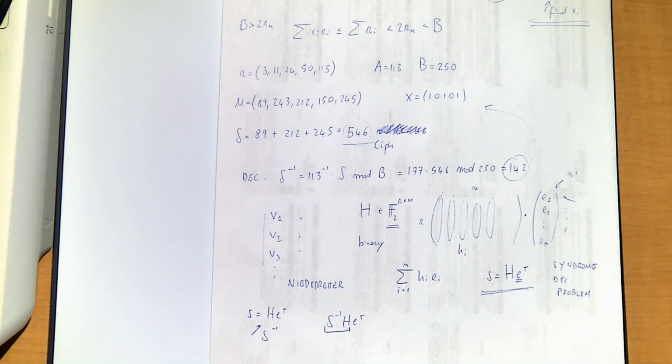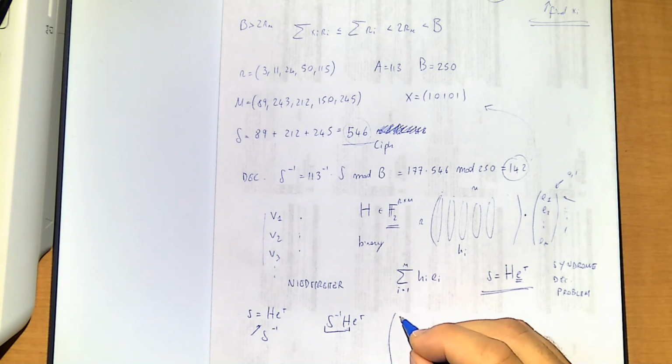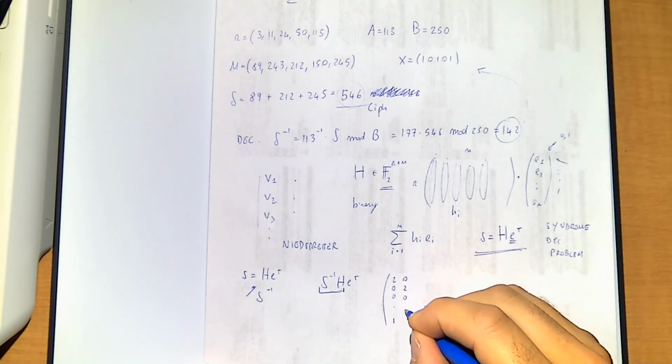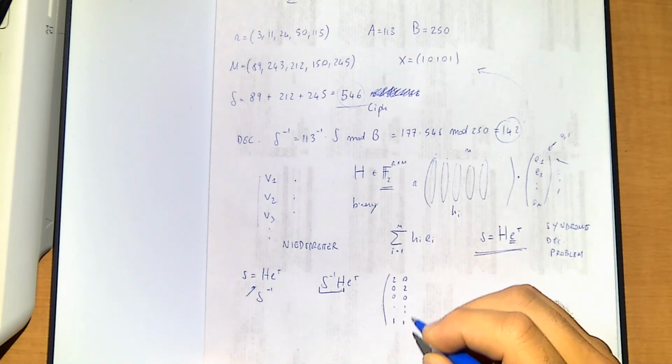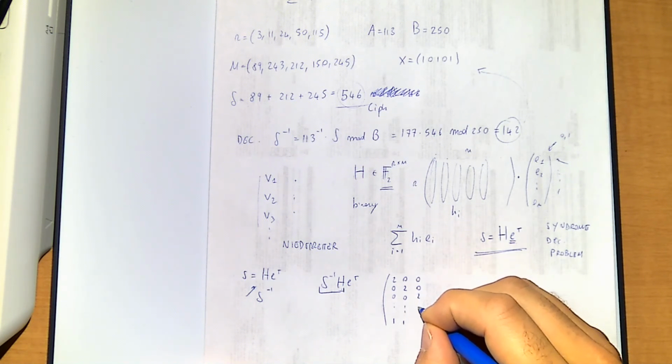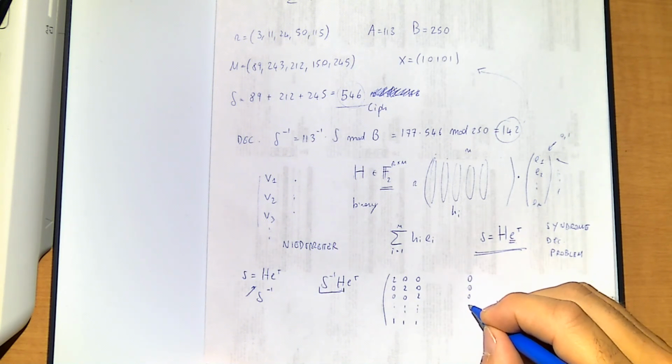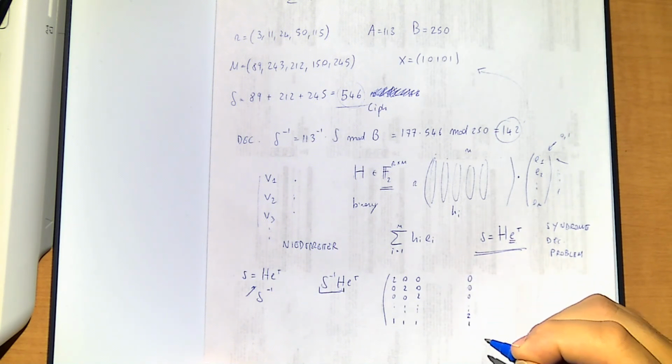So, for example, I can also build a matrix in this way: 2 and then all zeros, and then 1 in the end, and then 0, 2, 0, and then 1 in the end, and then 0, 0, 2, and then 1 in the end, all the way down to 0, 0, 0, 2, 1.